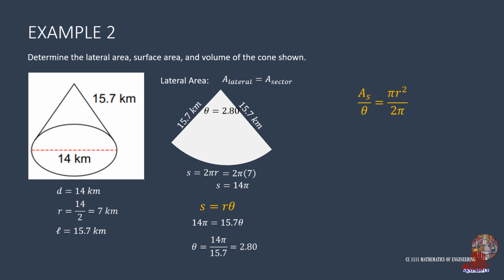Through ratio and proportion, we plug A sub S is to 2.8 as equal to pi times 15.7 squared is to 2 pi. So the area of the sector is 345.086 square kilometers. Thus, the lateral area is 345.086 square kilometers.